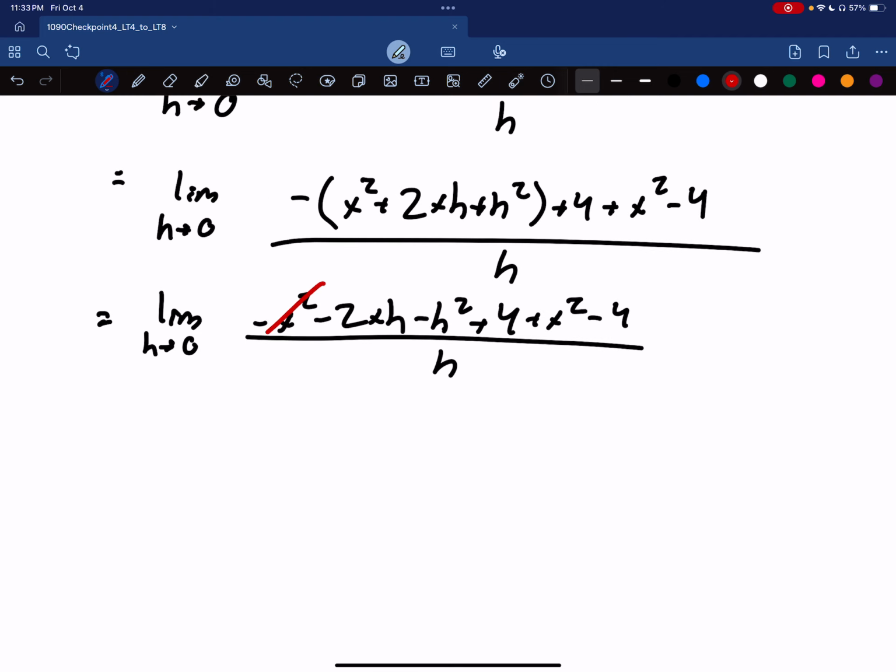I have a negative x squared and a positive x squared, boom, 4 and negative 4. And that's good for now. So we will write limit as h approaches 0 of negative 2xh minus h squared over h.